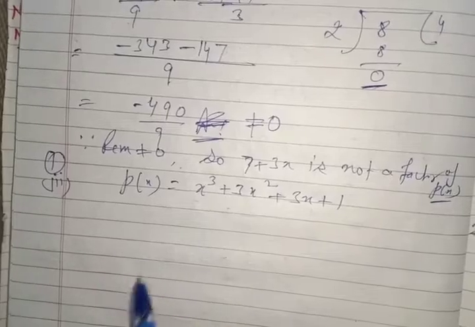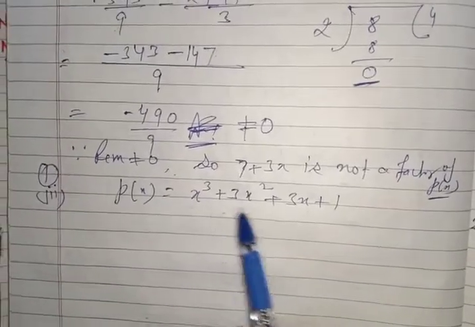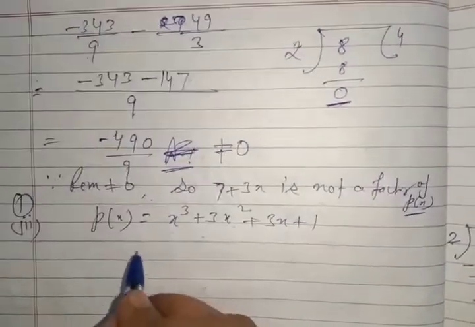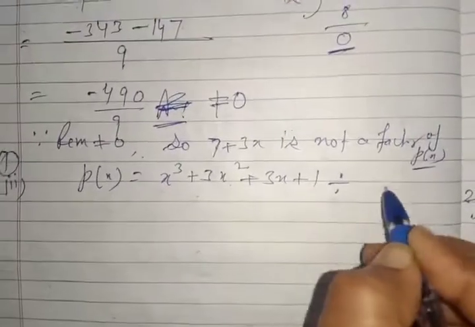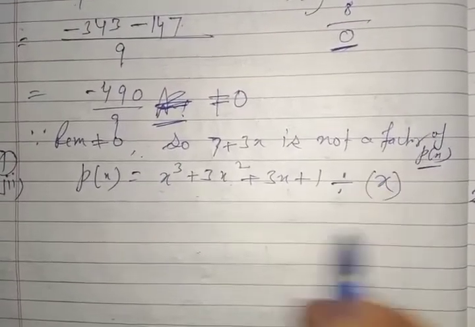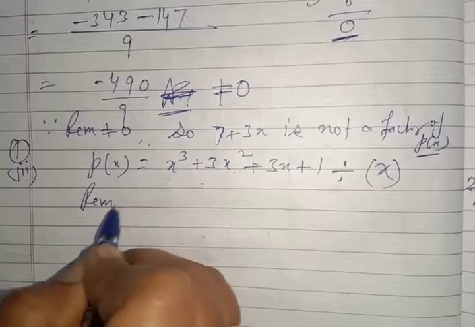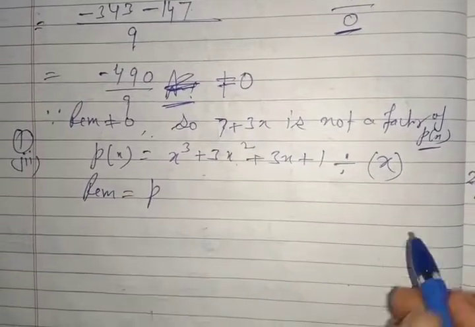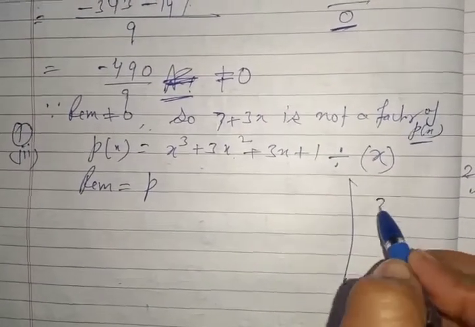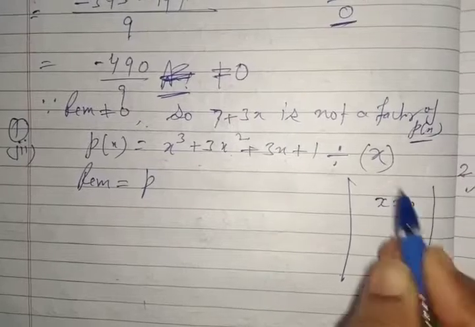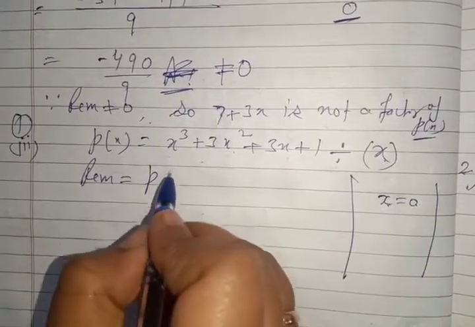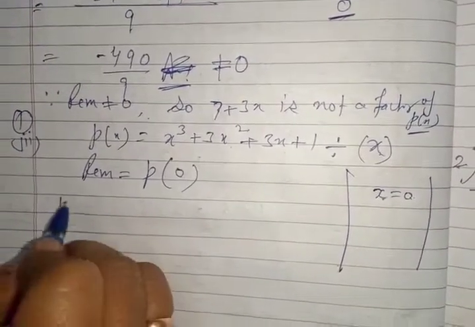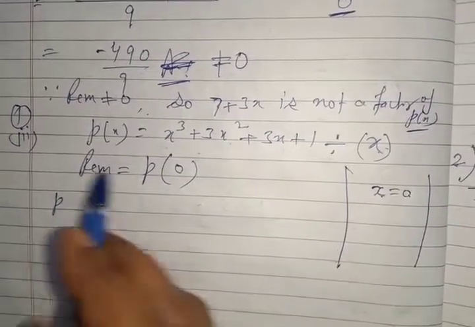Next, one more example that I was taking is this x cube plus 3x square plus 3x plus 1, and if this is divided by x, then the remainder is equal to p of 0, because nothing is there with x.